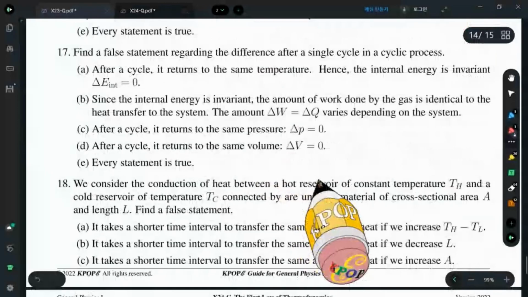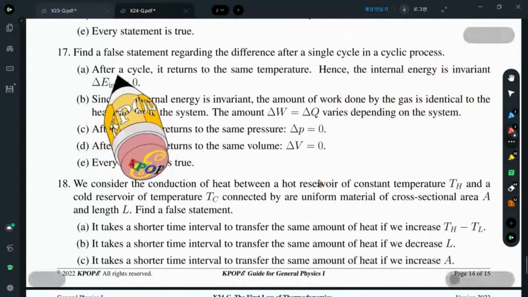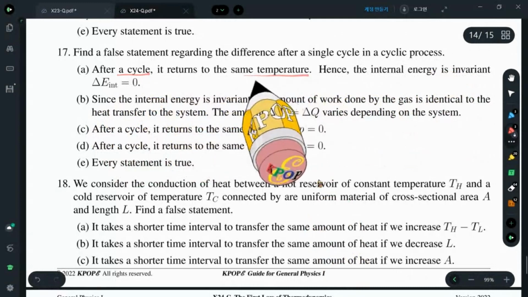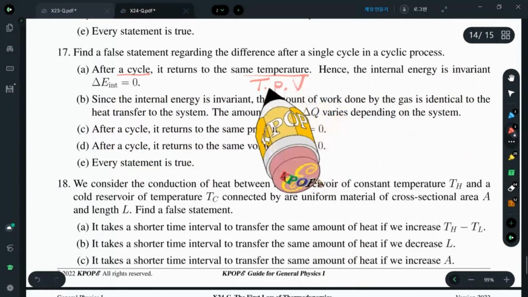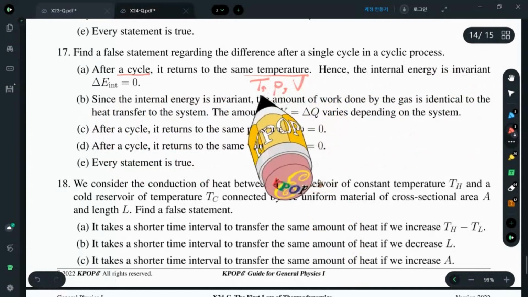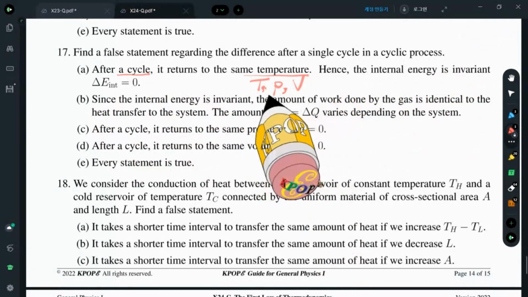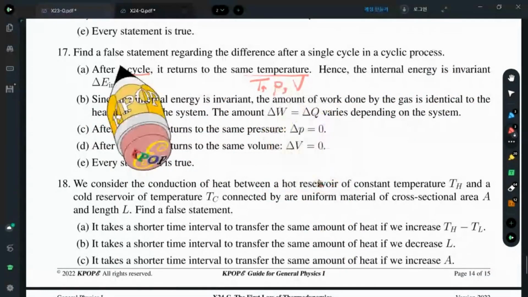17. Find the false statement regarding the difference after a single cycle in a cyclic process. After a cycle, it returns to the same temperature, same pressure, same volume, everything, same macroscopic physical variables such as temperature, pressure, and volume.